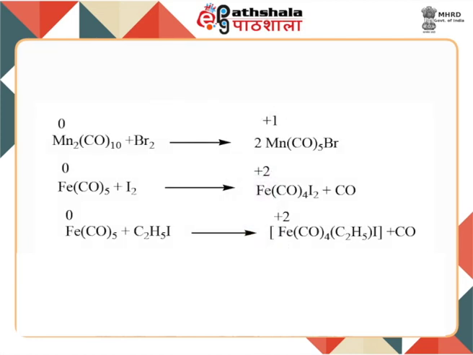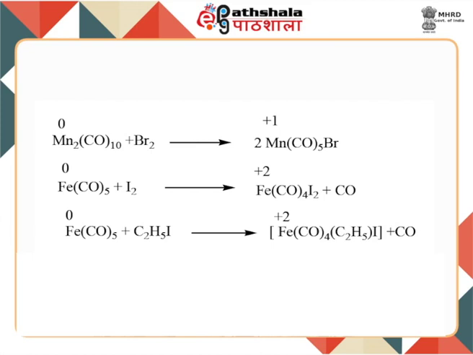Let us see some oxidation reactions. The reaction of metal carbonyls with halogens or alkyl halides may be regarded as an oxidation reaction because the oxidation number increases from 0 to +1, +2 and so on.